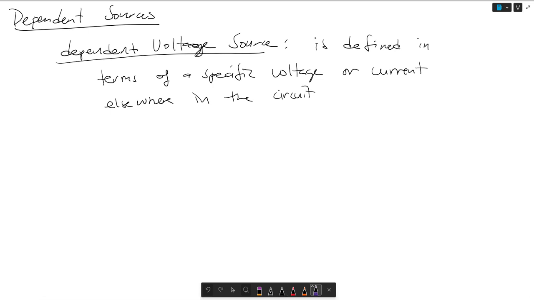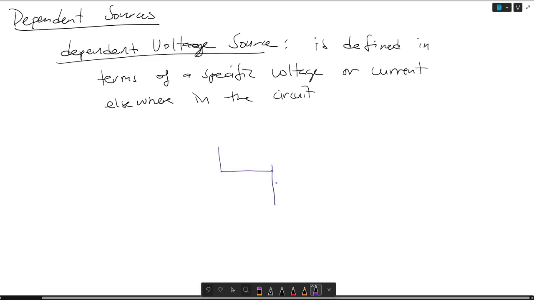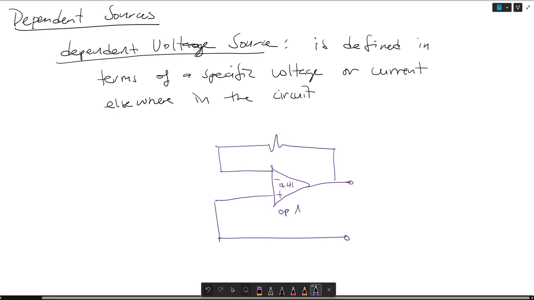So maybe get some excitement going to see that at the end of these lecture series, you'll be able to identify what something like an op amp can do. So this is the 741 op amp. This is the op amp.